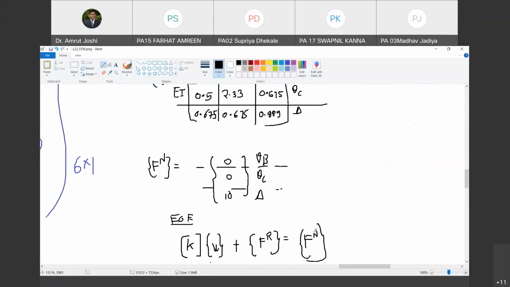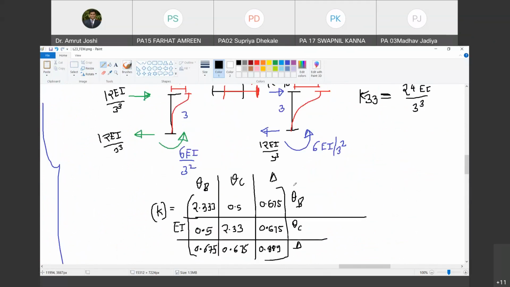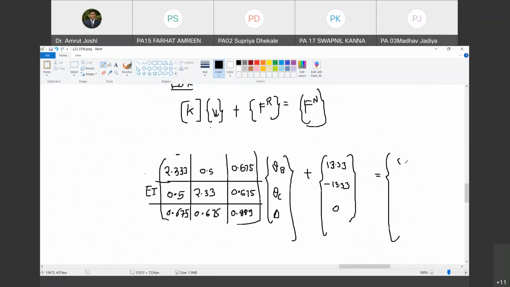Do you agree with me? Yes, sir. And the nodal force matrix is 0, 0, 10. So if we solve this, we are going to get the values of theta B, theta C, and delta. Are you with me? Yes, sir.